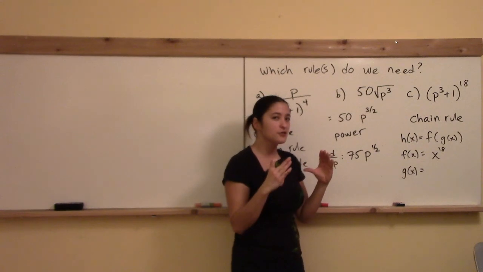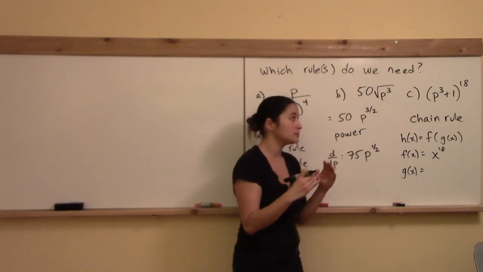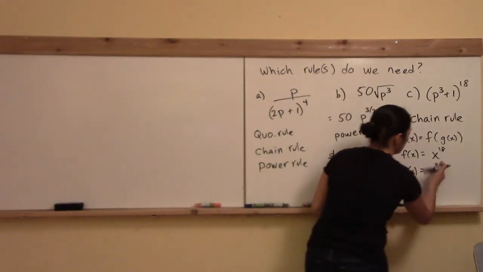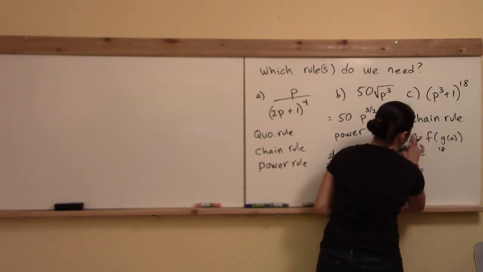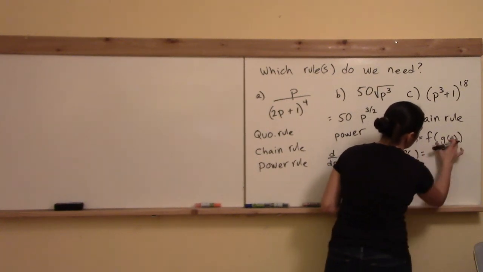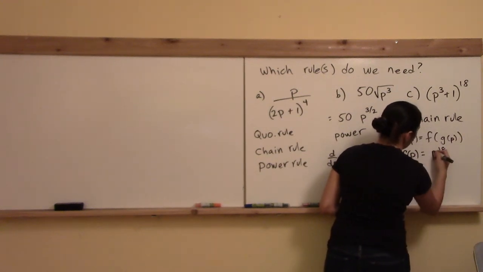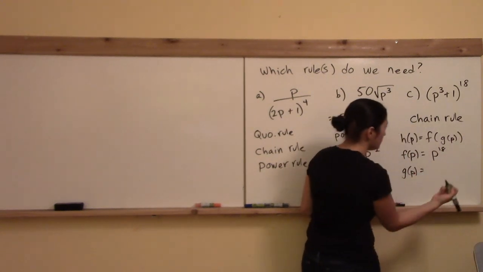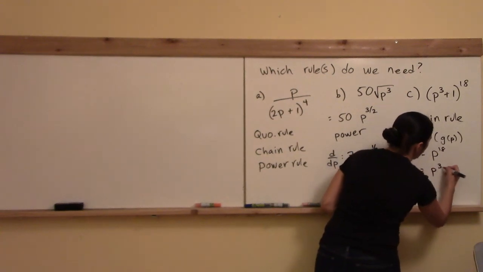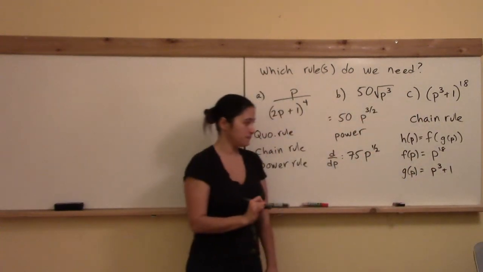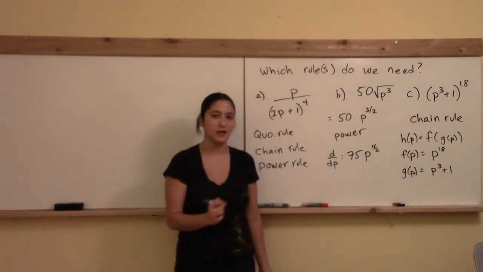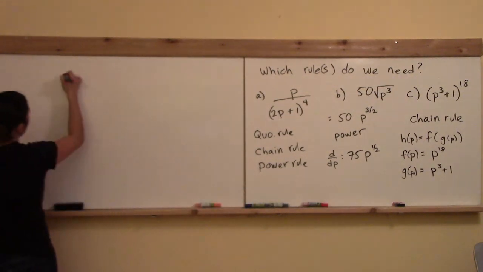But on the inside, you're saying, what was that I was putting to the 18? It was this. Oh, sorry. I just got crossed with the letters here. Let's all change them to p's because I did the p's there. So that would be p to the 18, and then g of p, the inside, is the quantity p cubed plus 1.